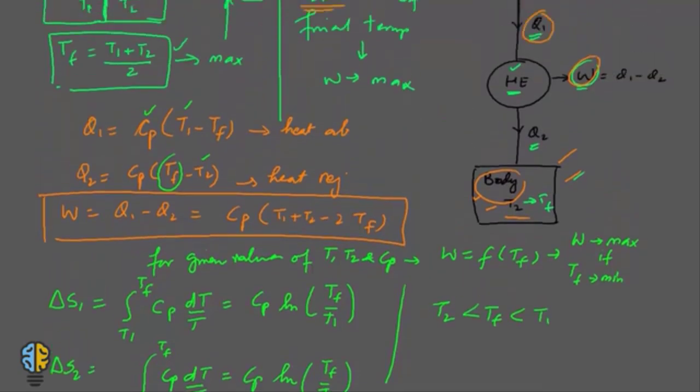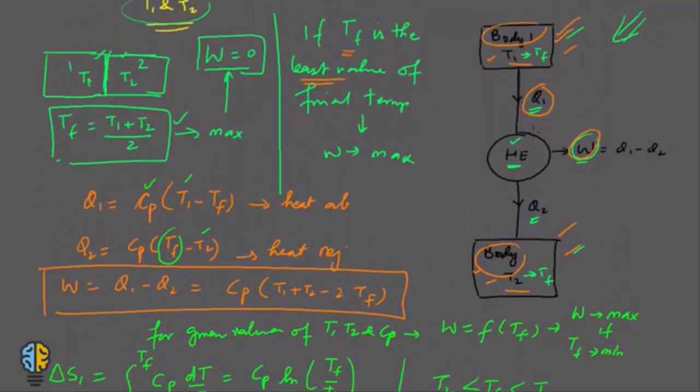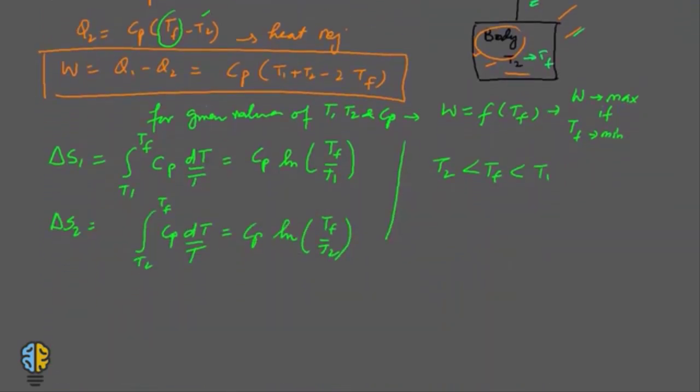Now if you look at the diagram, this is a heat engine which is operating in a cycle. Now because entropy is a property, the entropy change of the fluid in the heat engine which is working in a cycle would be 0. So for a cyclic operation this is 0.